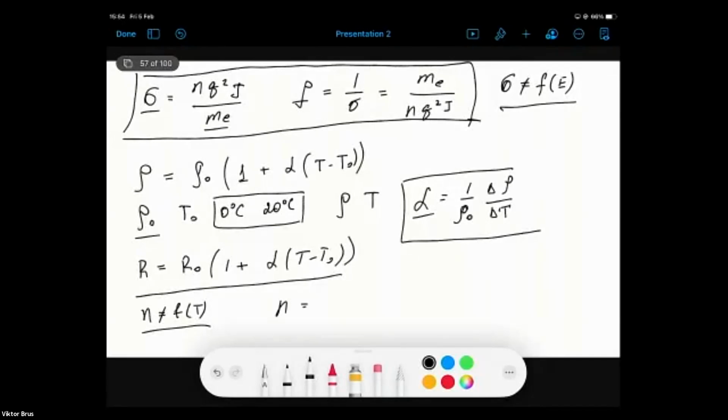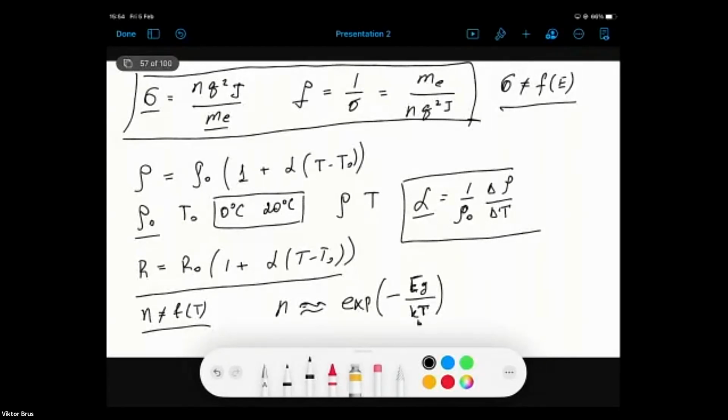So N is proportional to exponent of minus EG divided by kT. K here is the Boltzmann constant, T is the absolute temperature, and EG is the band gap, a material parameter which defines the energy distance between the valence and conduction band.